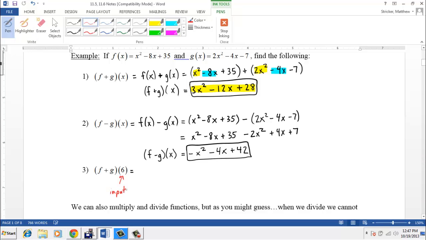And remember, when we plug things in, we put parentheses around it, so this will be 3 times 6 squared minus 12 times 6, plus 28. It's 3 times 36 minus 12 times 6 plus 28.